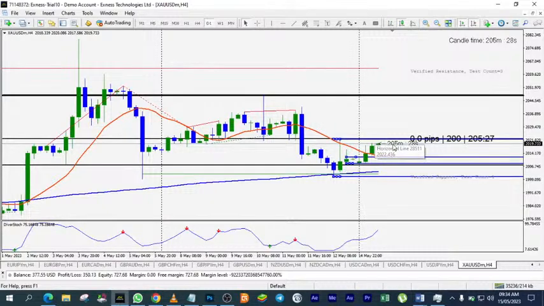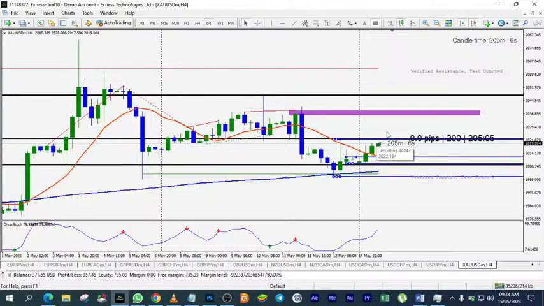The gold can actually still move up to this level here, but like I said, this is a very important level for me because the market has actually reacted in this level before. Let me just quickly bring them up.